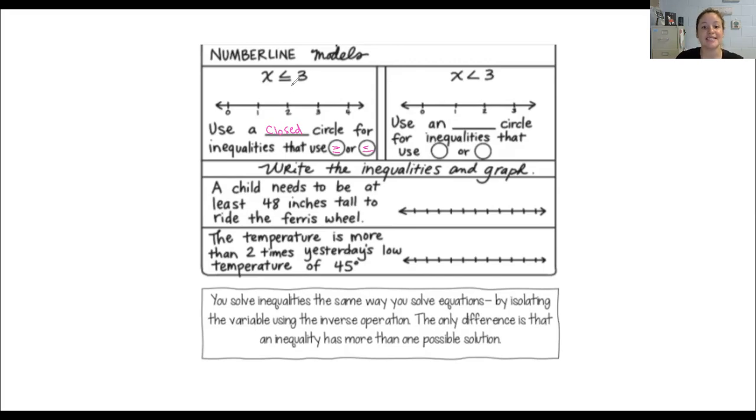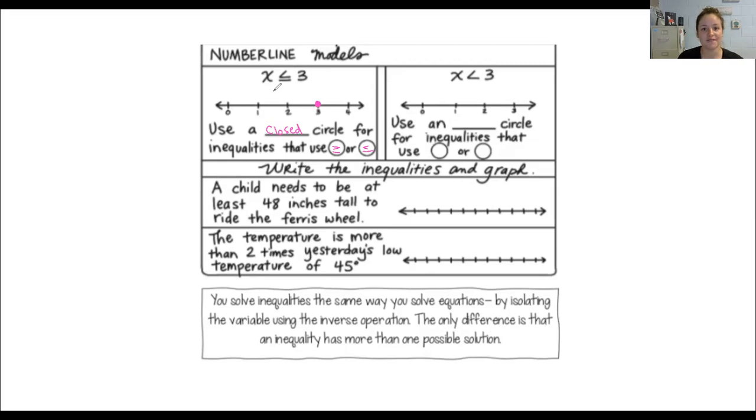So if I want to graph x is less than or equal to 3, first of all, I go to the number. Where's the 3? And it is a closed circle, so we're going to make it a nice solid dot. The next thing, we've got to figure out which way to go. This only works if your variable is first.